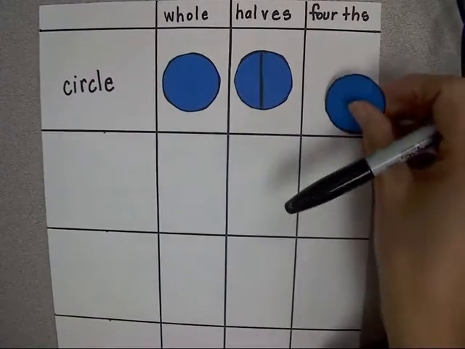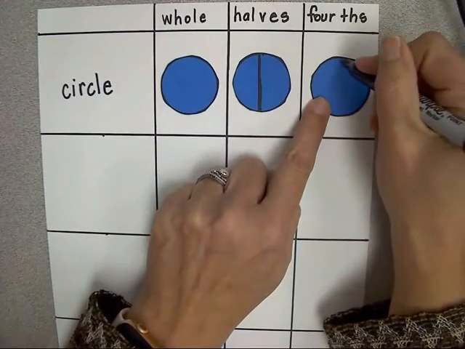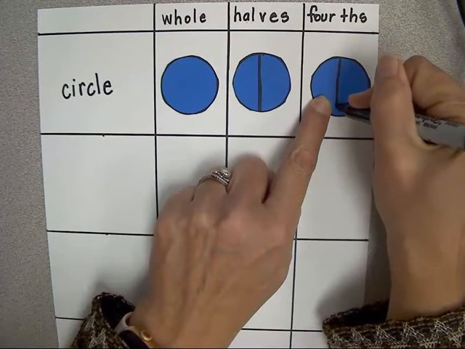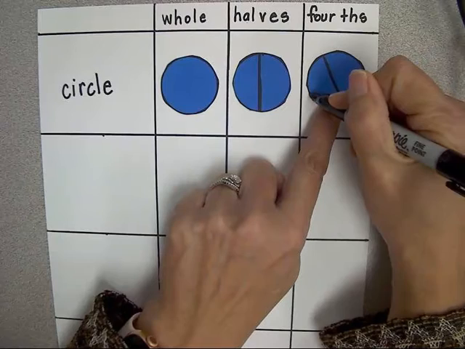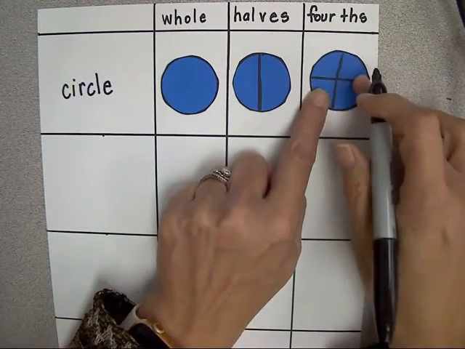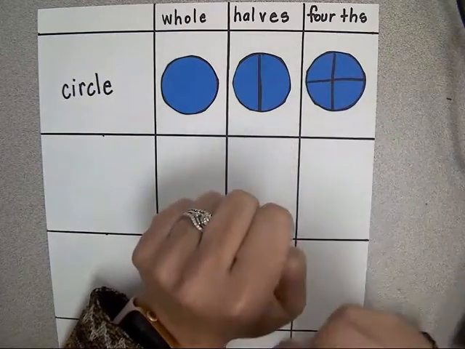Now we're going to take that same circle and make fourths. We can also say quarters. So now I'm going to draw another one across, and I could even have it this way or this way.